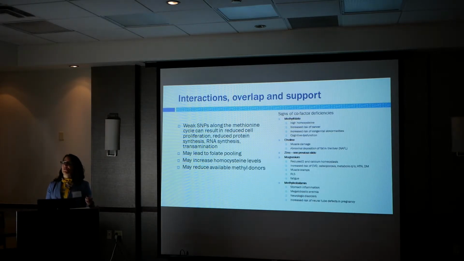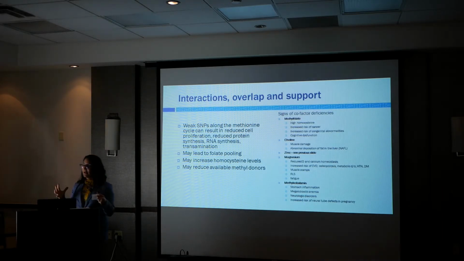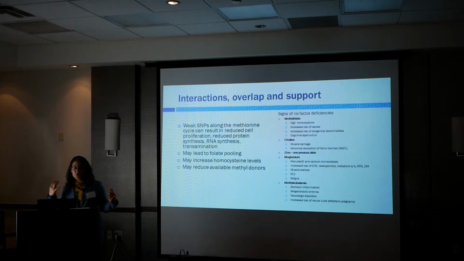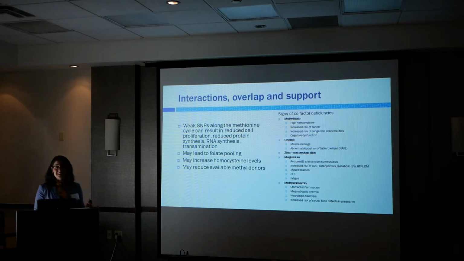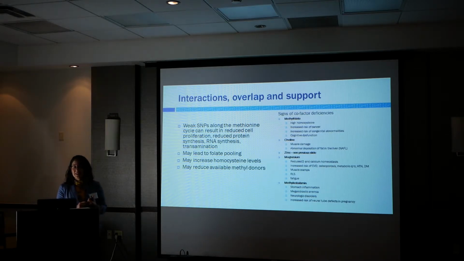Interactions, overlap, and support again. So weak single nucleotide polymorphisms in the methionine cycle are going to result in reduced cell proliferation, reduced protein synthesis, RNA synthesis and transamination are going to be affected.